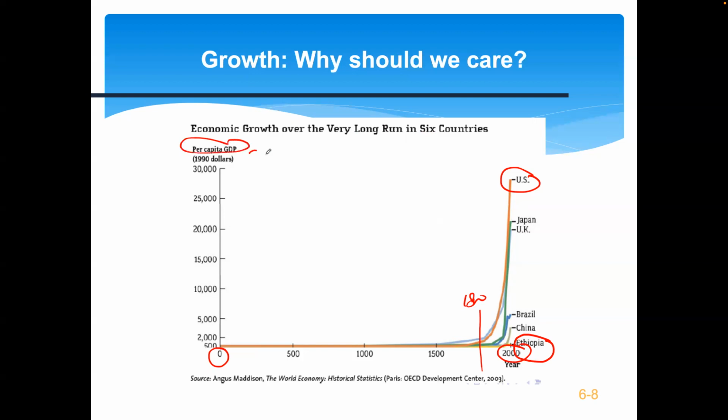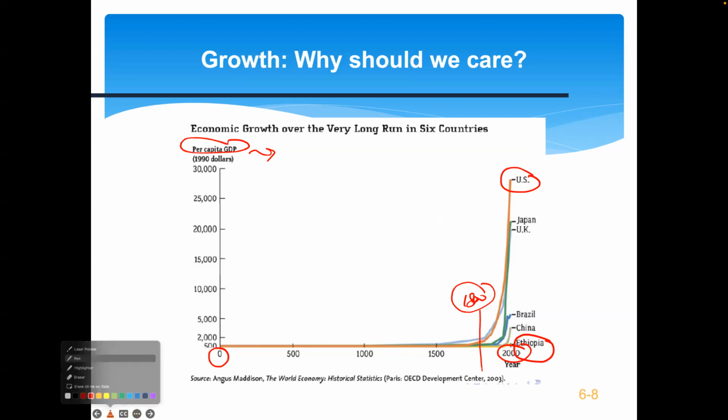Again, this is roughly a good proxy for standard of living. So barely nothing changed. But after 1800, you can see the growth start to pick up. This is true across the board. This is the first fact.